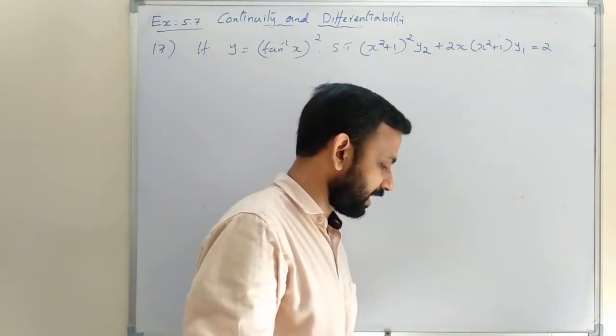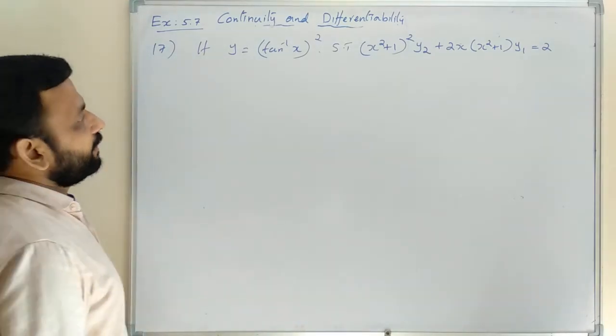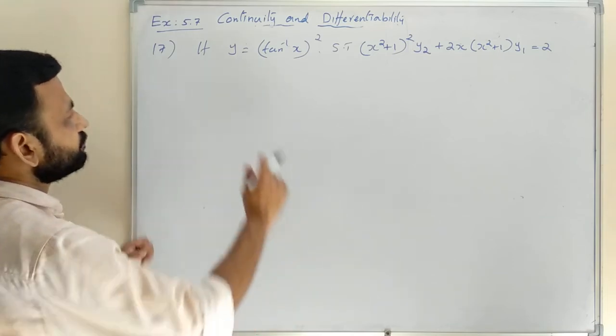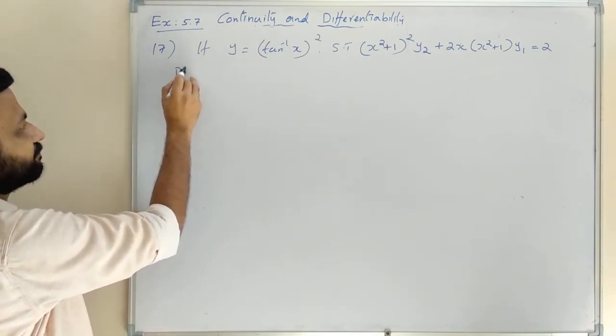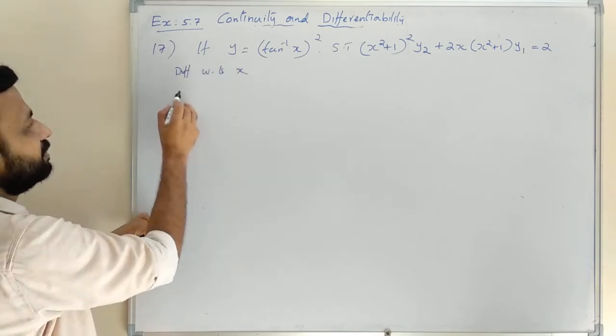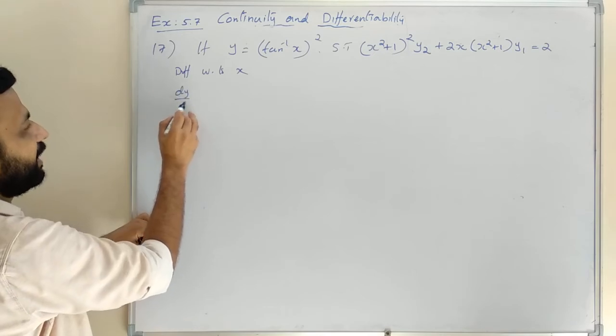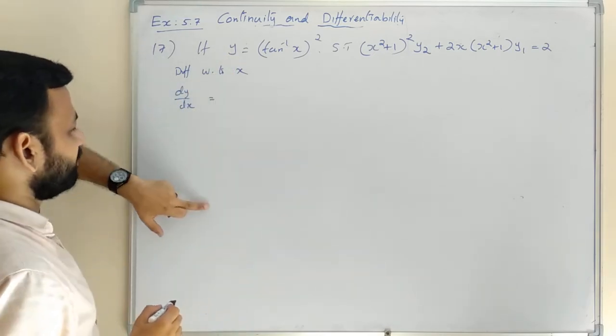So y is equal to tan inverse x whole square. Now we can differentiate with respect to x. Derivative of y with respect to x is dy by dx.